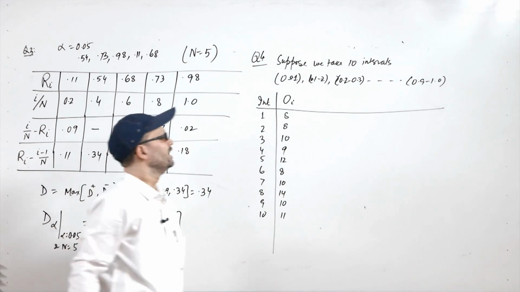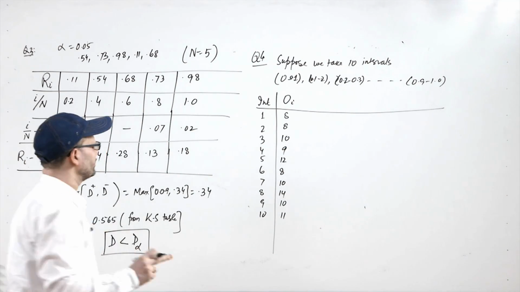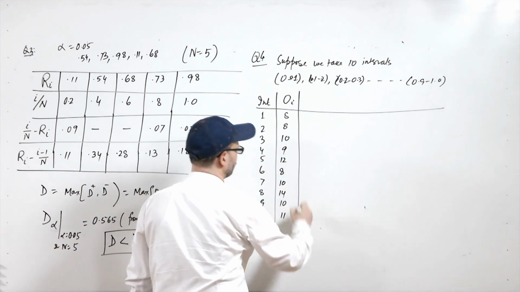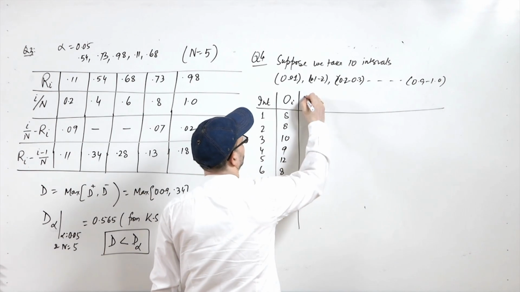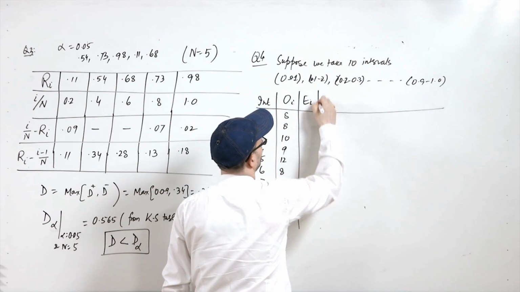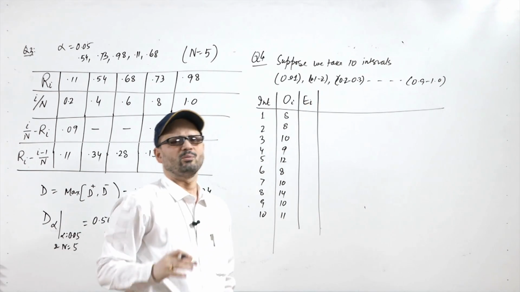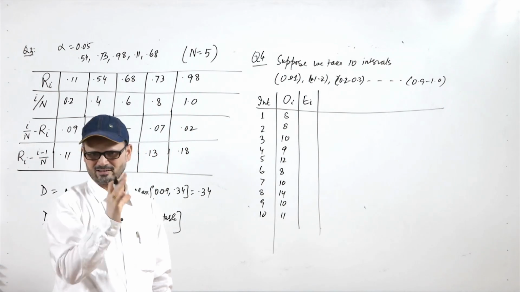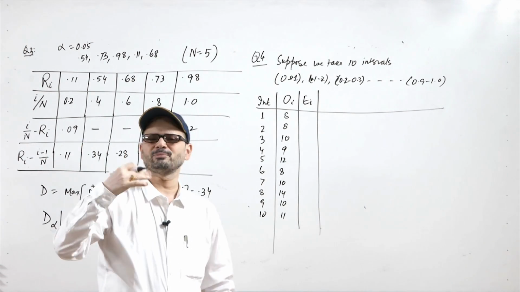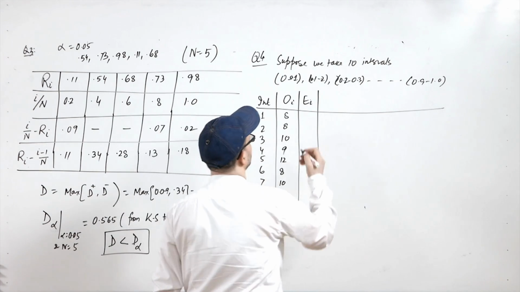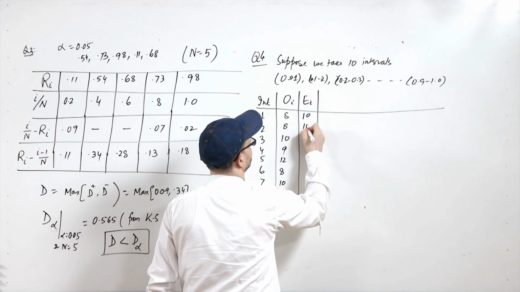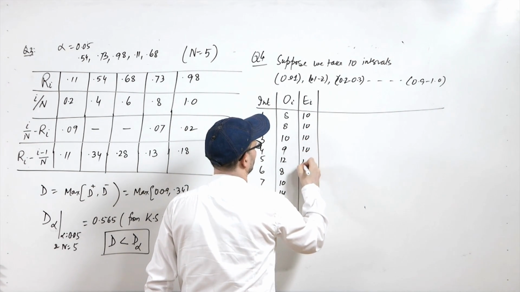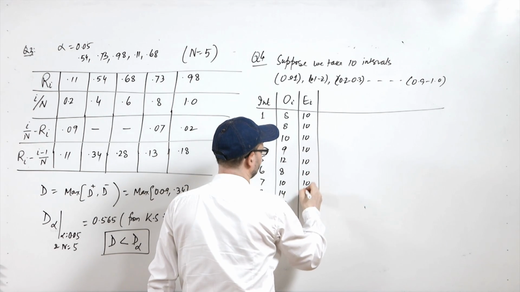So this is the observed frequency in each interval. Then we find the expected frequency. Since it has to be uniformly distributed and there are 10 intervals, ideally every interval must have 10 numbers, so it should be 10 in every interval.